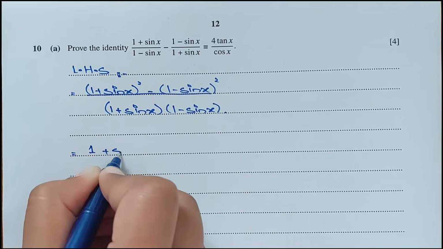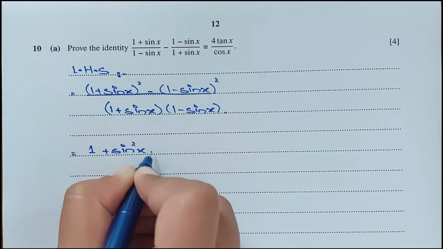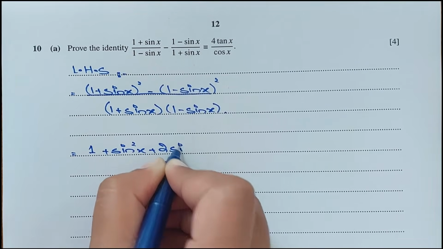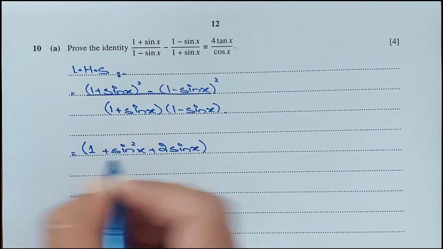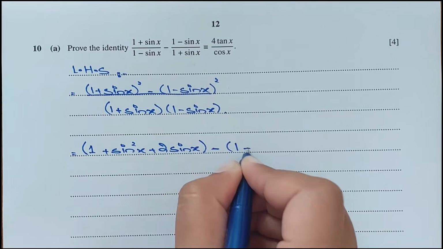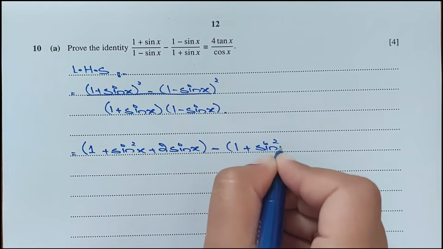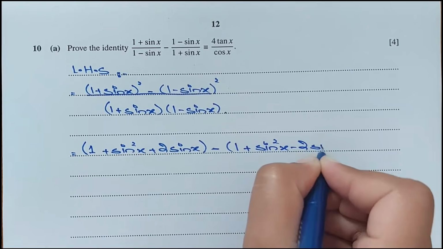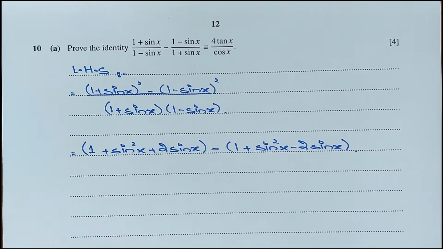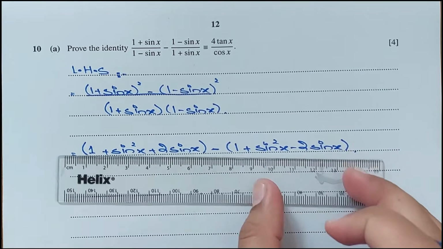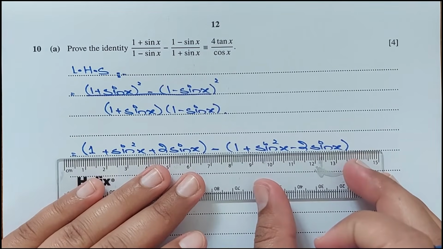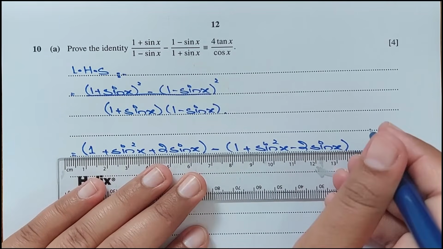1 plus sine square x plus 2 sine x, minus, 1 plus sine square x minus 2 sine x. This whole thing is divided by (a plus b) into (a minus b).